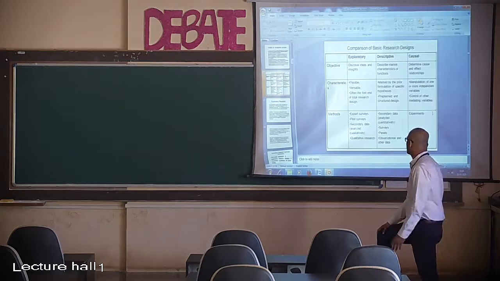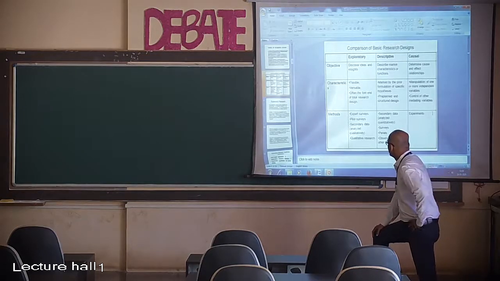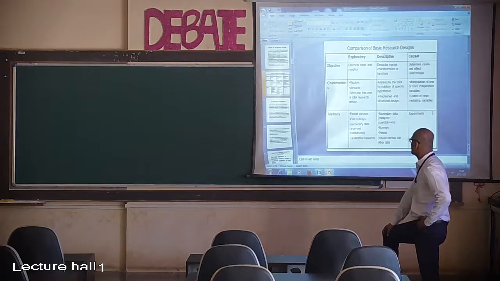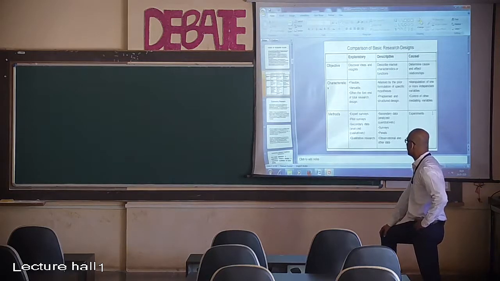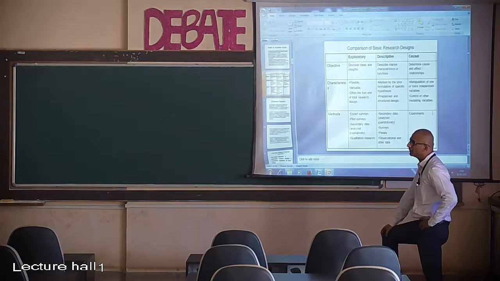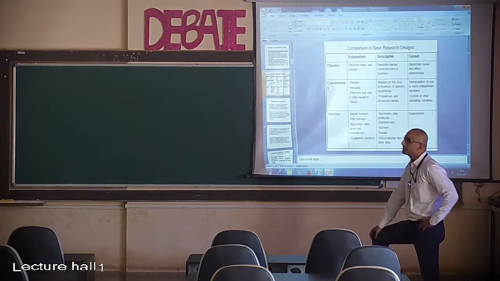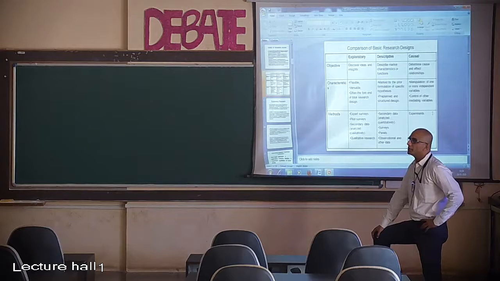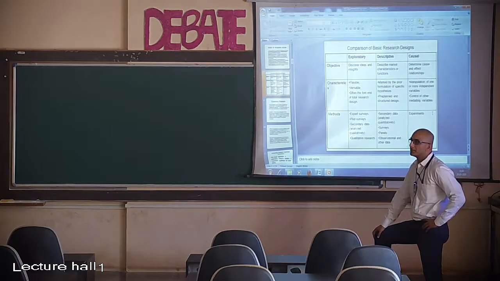Okay, so in case of exploratory research, the secondary data is always analyzed qualitatively, and exploratory methods are usually qualitative methods. Qualitative methods don't represent numbers as such.